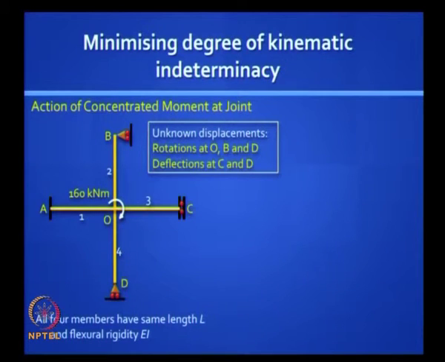Very few people have really appreciated the power of the displacement method in this kind of intuitive way. There is a rotation theta naught common to all the 4 members. How will it rotate?